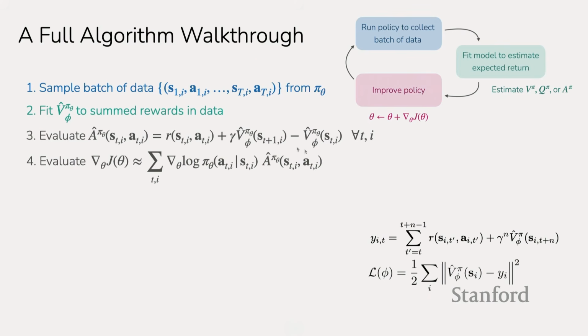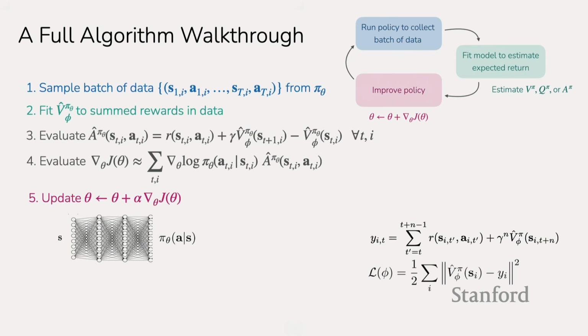Then we can use this to get a gradient for our policy, where we increase the likelihood of actions that are estimated to be advantageous and decrease the likelihood for actions that are not. Lastly, we update our policy by applying this gradient step to our policy parameters. Then we can repeat this process, sampling a new batch of data from our policy.